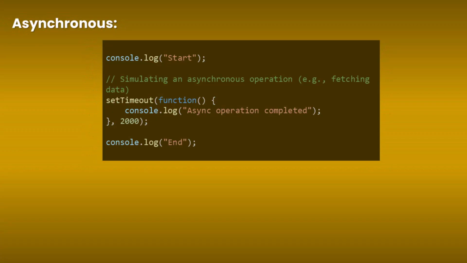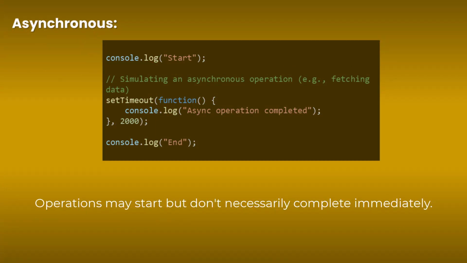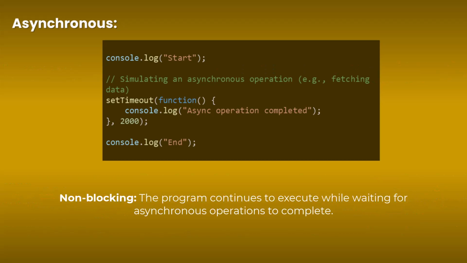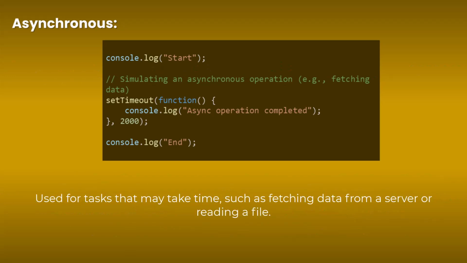Now key points about asynchronous. First, operations may start but don't necessarily complete immediately. Number 2, no blocking: the program continues to execute while waiting for asynchronous operations to complete. Number 3, it is used for tasks that may take time, such as fetching data from the server or reading a file.